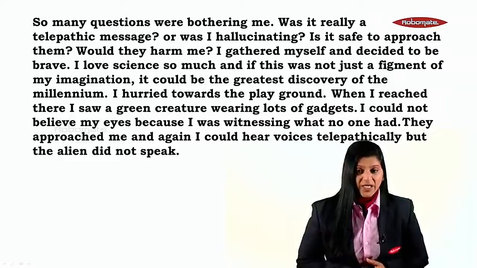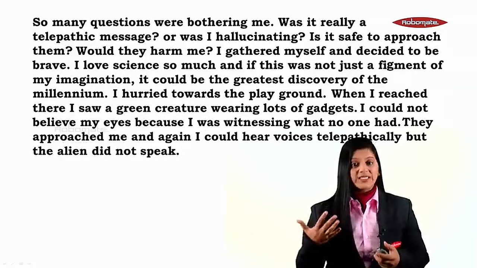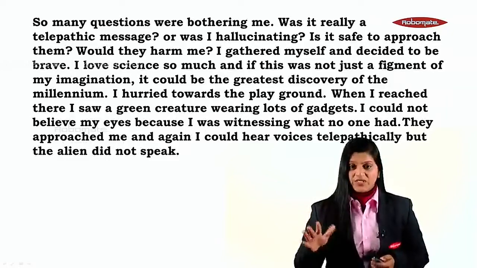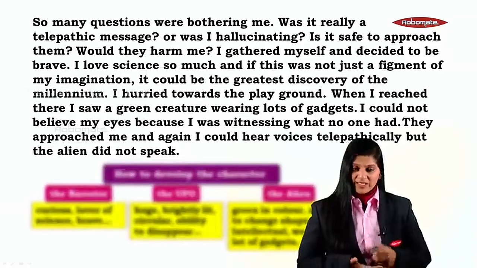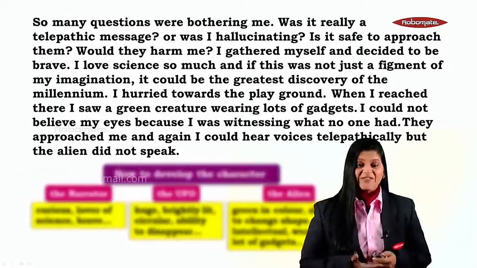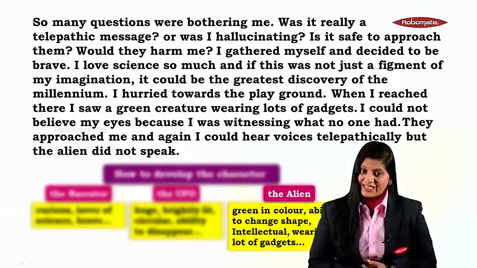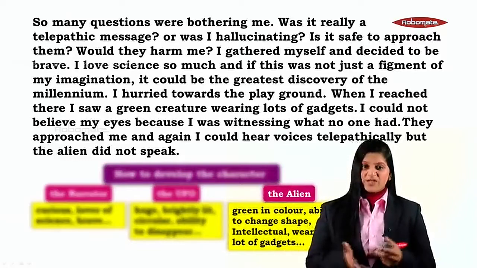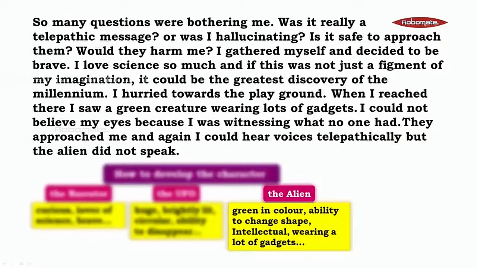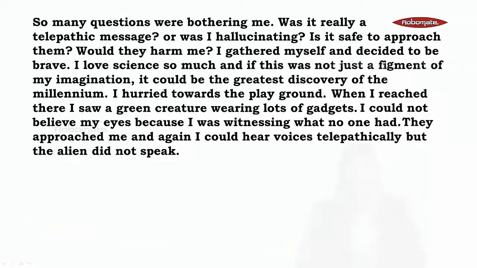They approached me, and again I could hear voices telepathically, but the alien did not speak." In this case, what we have actually put in here is the description of the alien. If you remember, green in color, full of gadgets, and so on.